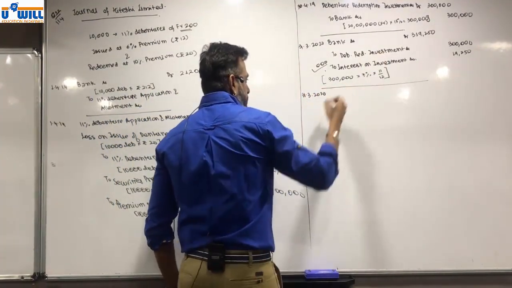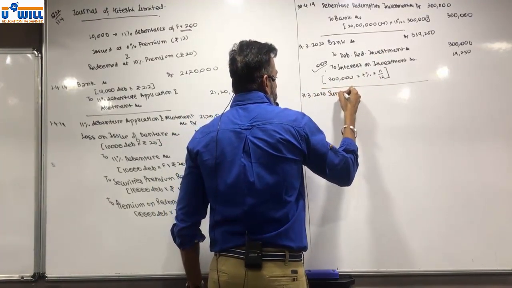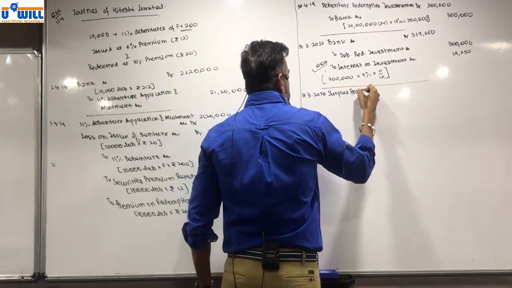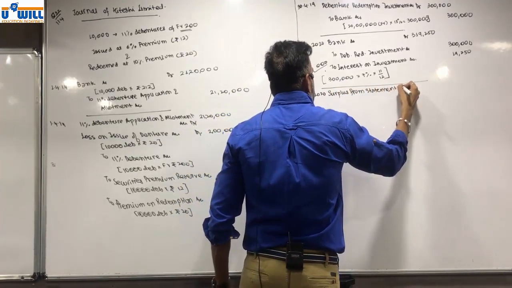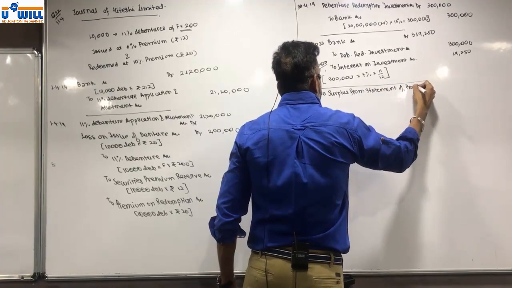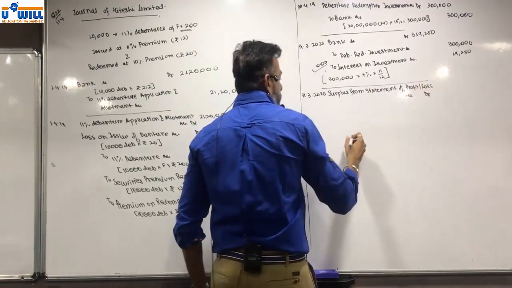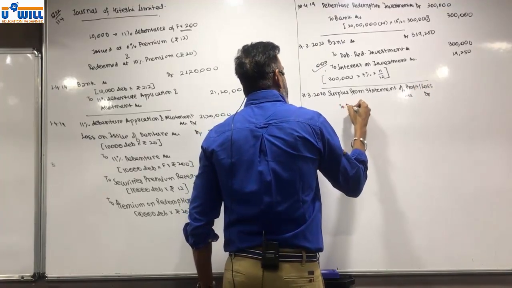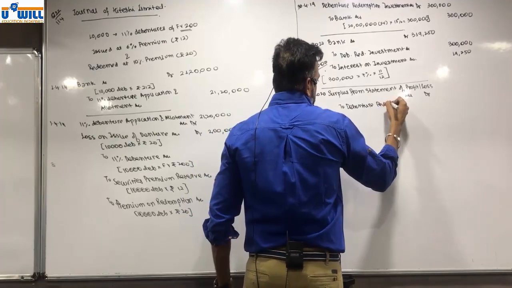31/3/2020 surplus from statement of profit or loss account debit to debenture redemption reserve account.